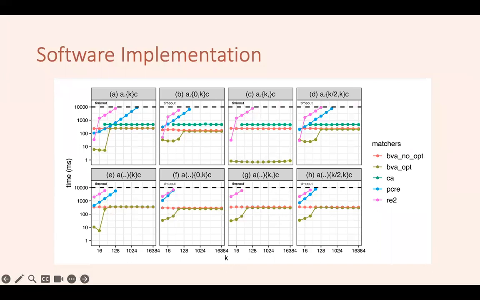Here k is changing, but in our case, and in some cases for the counting set automata, you can see that the line is flat, indicating that the matching time doesn't really depend on the numbers inside the constraints.